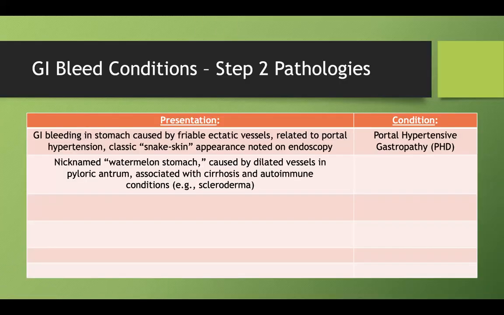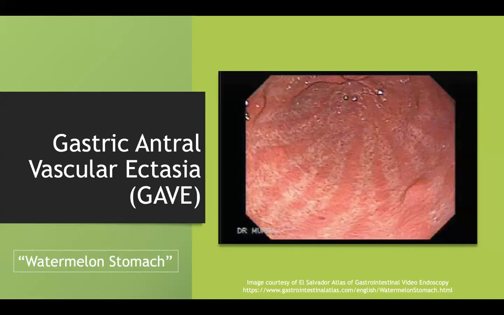Instead of a snakeskin appearance, this is called watermelon stomach, and this is caused by dilated pyloric antrum blood vessels, and it's associated with cirrhosis and also associated with certain autoimmune conditions like scleroderma. So this is called gastric antral vascular ectasia, and you can see it kind of looks like watermelon stripes inside the pyloric antrum lining.